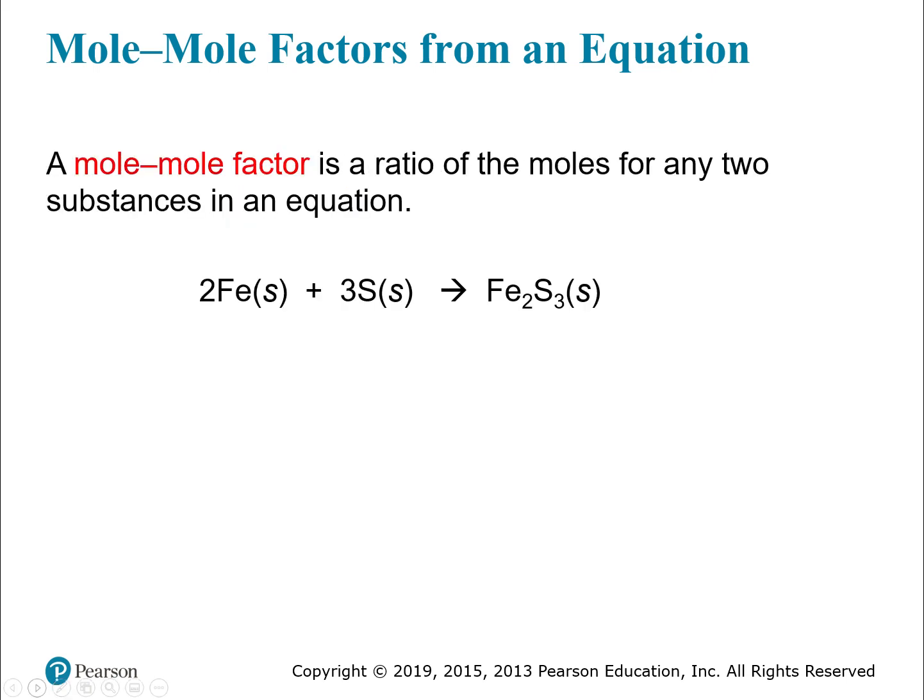With a mole-mole factor, I may also call it a mole-mole ratio. That's what some textbooks also call it. It's the same thing. It's just the ratio of the moles for any 2 substances in an equation. So let me show you what that means. Let's say I want to write a mole-mole factor that describes the ratio of iron to sulfur. There are 2 moles of iron for every 3 moles of sulfur.